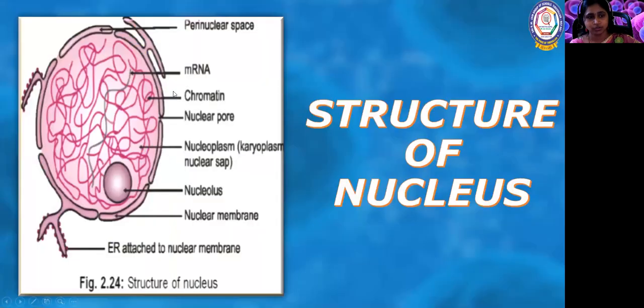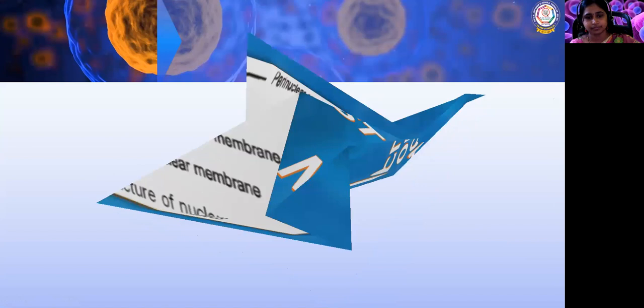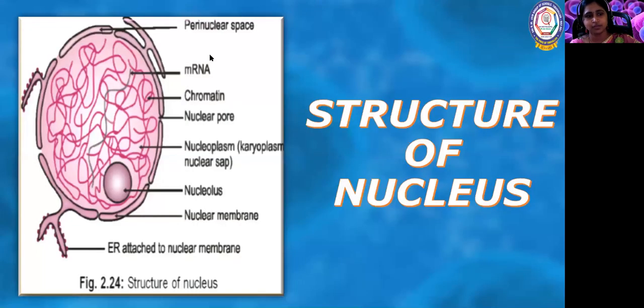You can see the structure of the nucleus. The space between the two membranes we call the perinuclear space. And here is the mRNA, another genetic material. Then this chromatin, we do not call it chromosomes, it is chromatin.